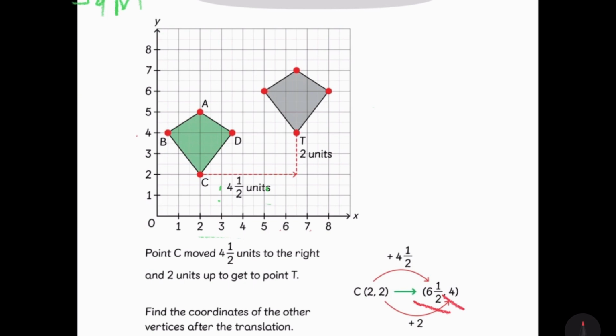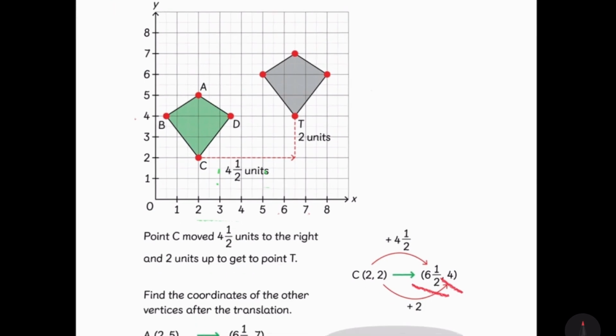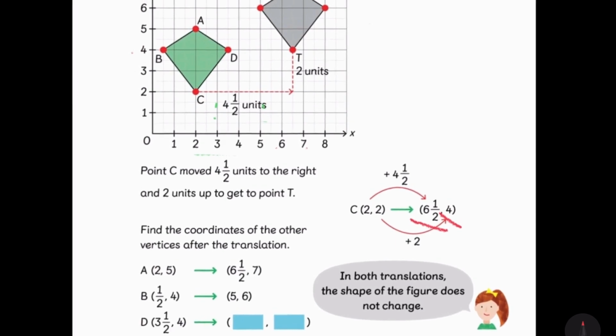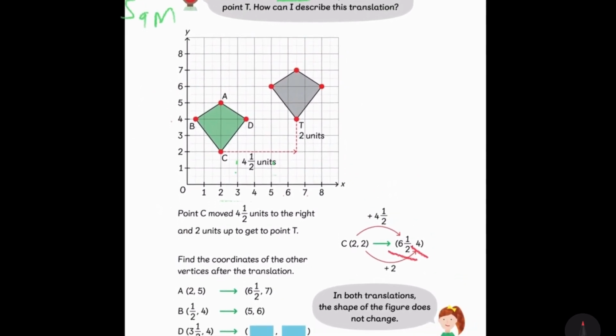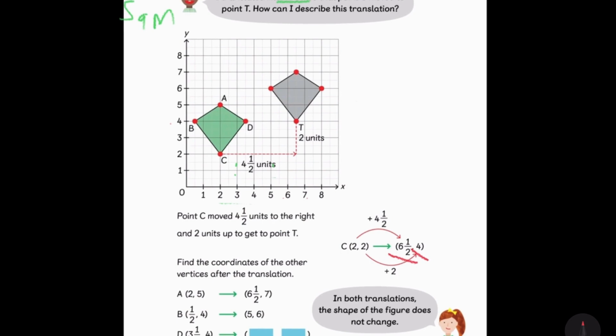Now, find the coordinates of the other vertices after the translation. So let's start with point A. What has happened here? In my A, if you see, first it is 2 and 5. Yes, I have 2 and 5. Like I told you, pause the video first, write the coordinates, please, and then also find the translated one.